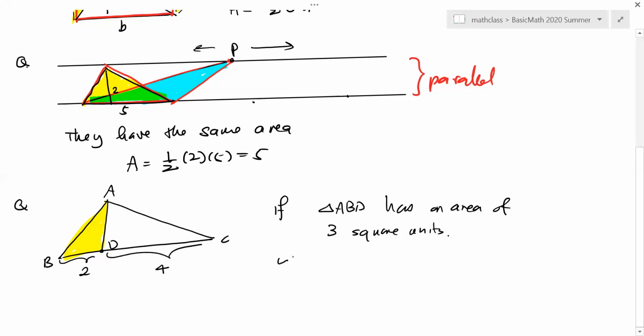My question is, what is the area of the triangle on the right-hand side, the triangle ADC?